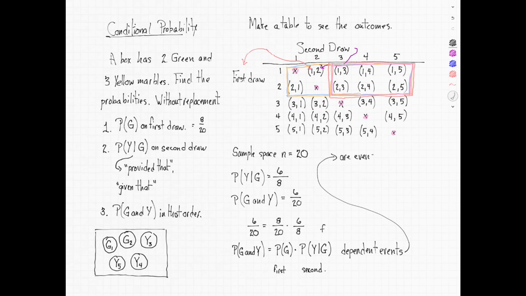So dependent events are events where what has happened affects the probability of what can happen.